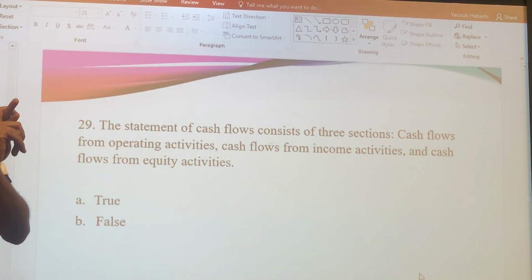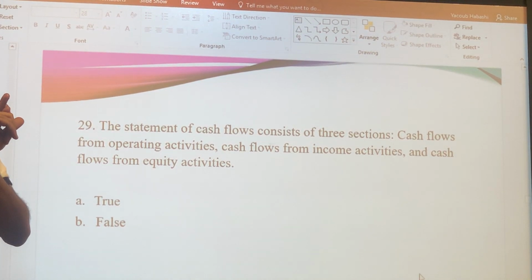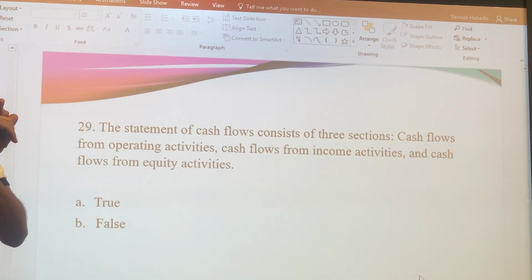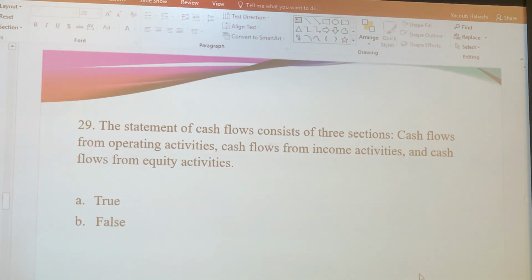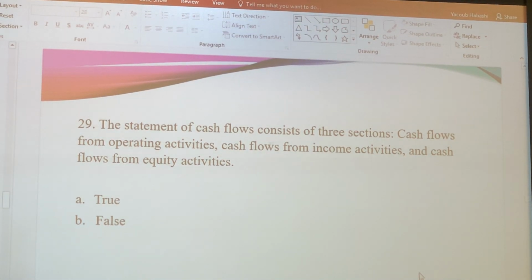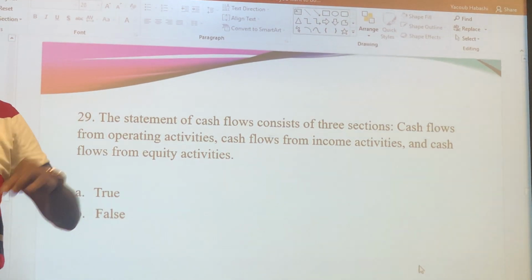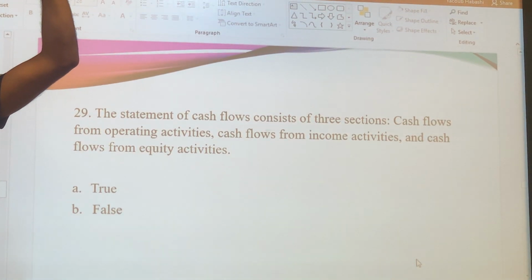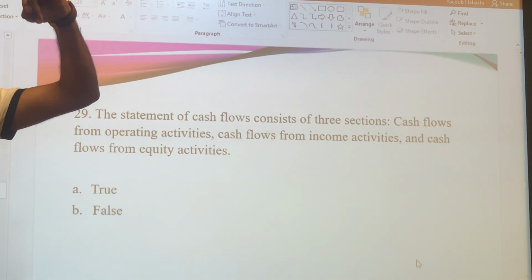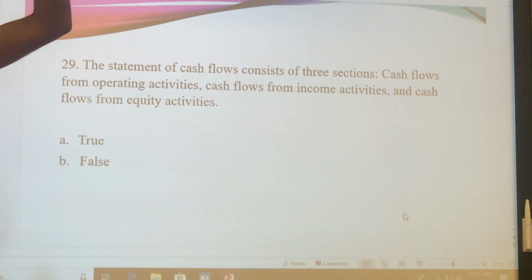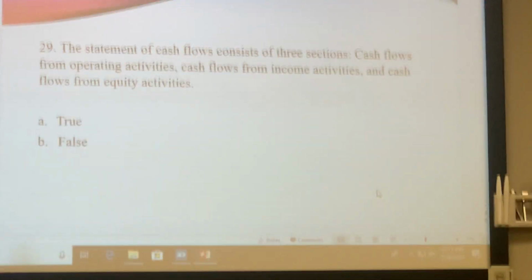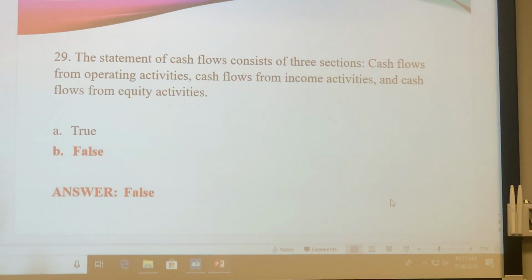Investment activities, that's the second section. Third section, financing activities. So cash flow consists of 3 sections: operating activities, section 1; second, investment activities; third, financing activities. It's false.